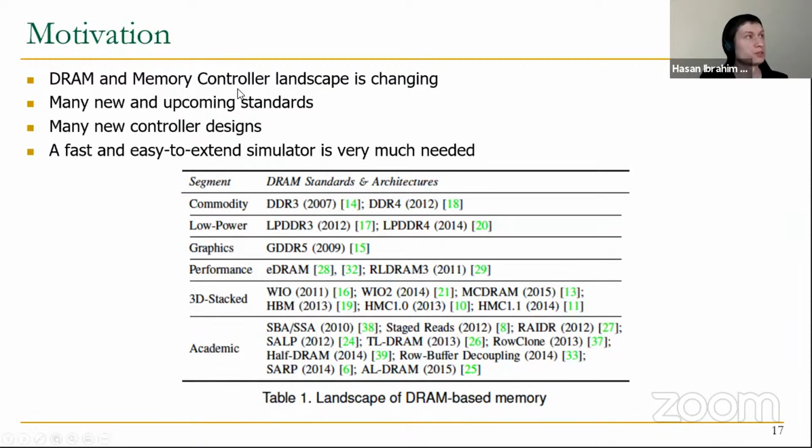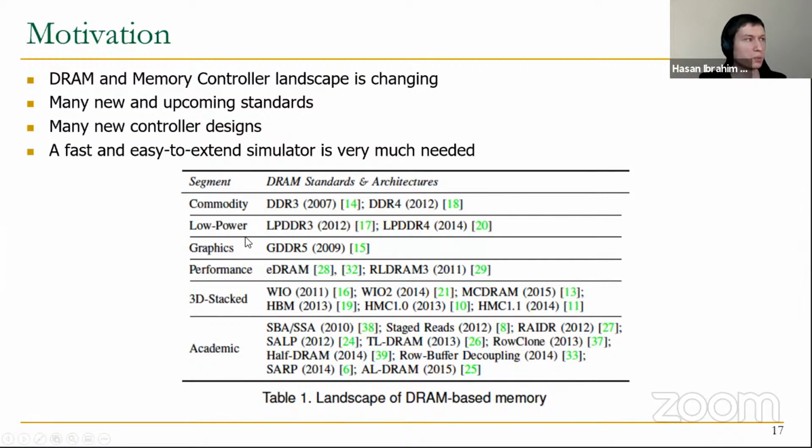So the DRAM and memory control landscape is changing. As you can see in this table, there are various DRAM standards designed for different segments. For example, commodity systems use DRAM standards called DDR3, DDR4, and now DDR5 is also starting to become available. There are also memory standards designed for other domains.